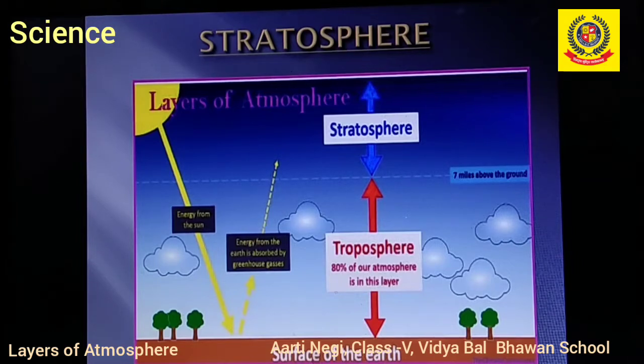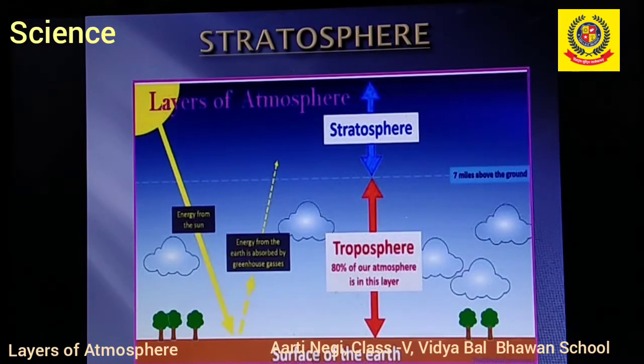And the ozone layer is part of the stratosphere. This is a very important line. You have to underline it on page number 35, under the heading of stratosphere: the ozone layer is part of the stratosphere. It absorbs the harmful radiations coming from the sun.